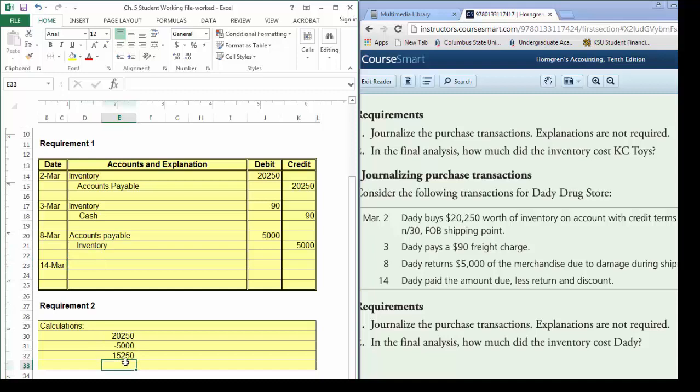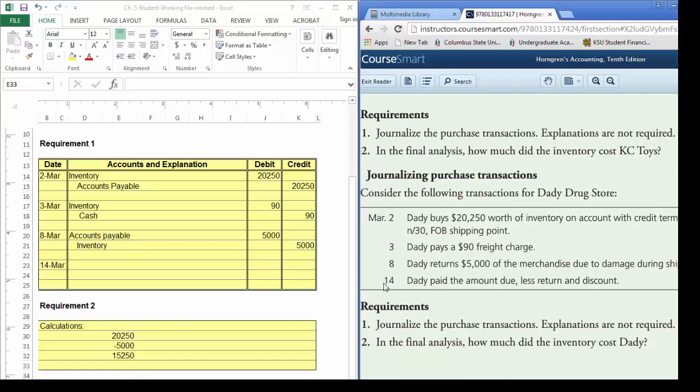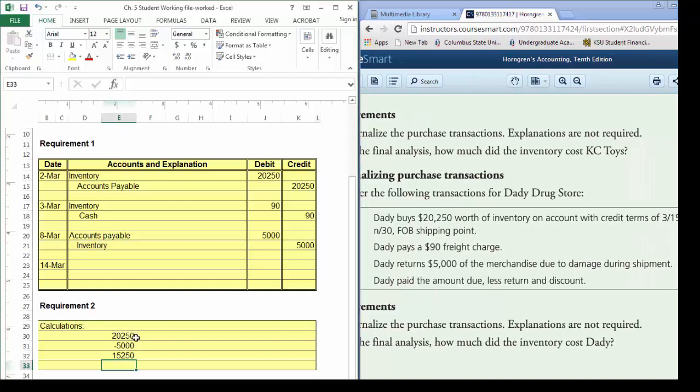Okay, so that's what we're going to pay. Now, it says we got a 3% discount if we paid within 15 days. So the 14th is within that period, so we're going to get a 3% discount on this balance. So I'm going to see what 3% is. So this is my discount. This was the balance in accounts payable. And what I'm actually going to pay in cash is the difference between the two.